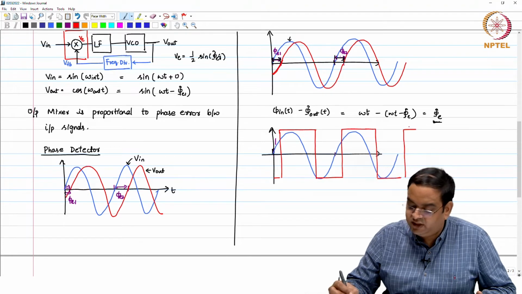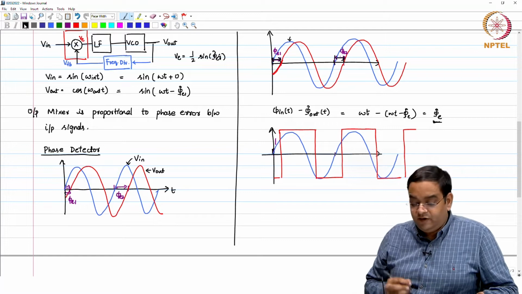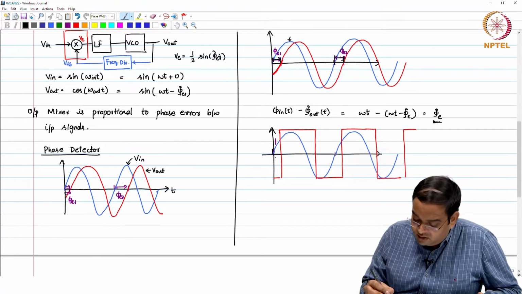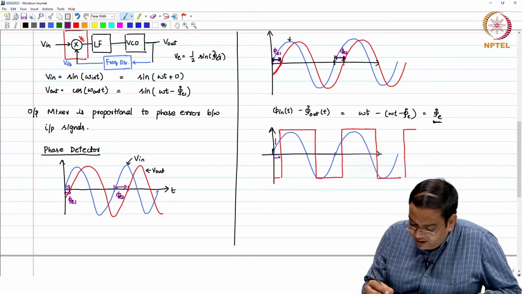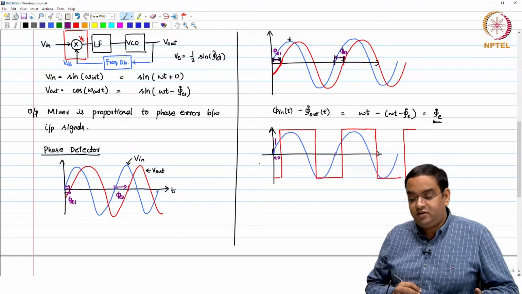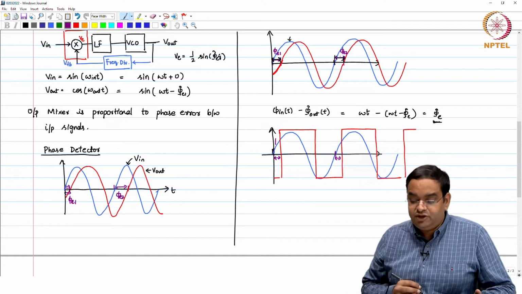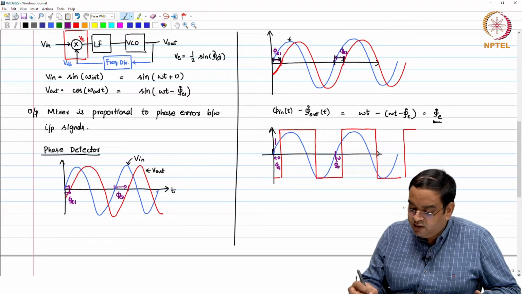So, these are the two signals. So, here the phase error will be defined as the difference between the 0 crossings of the two signals. This is the phase error. Okay. So, this is the phase error which you would like to detect. So, phi E1, phi E2.